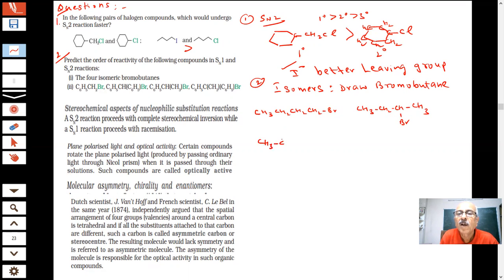Third is 2-bromo-2-methylpropane. Then I can put the fourth. Supposing these are the isomers.